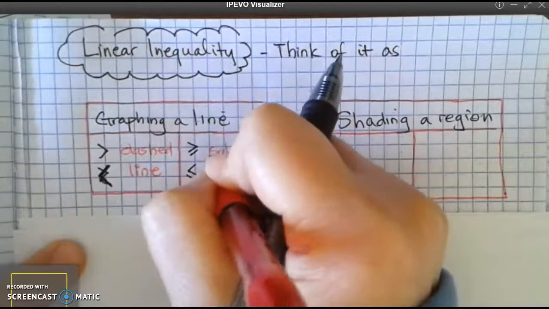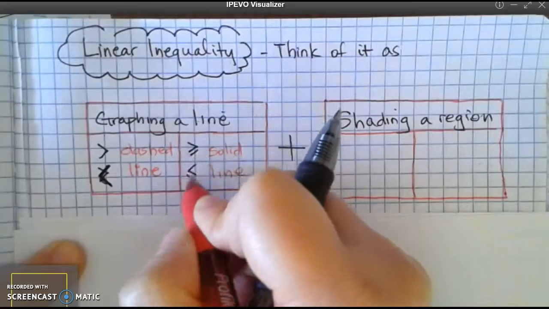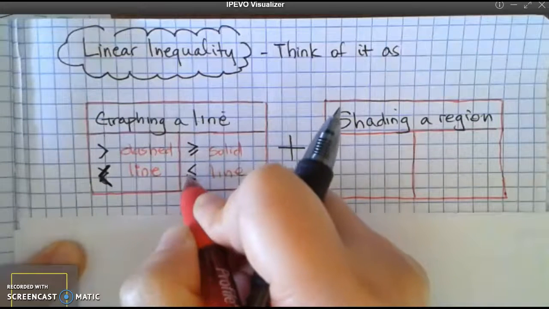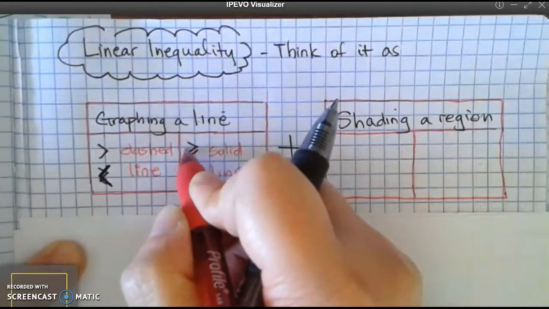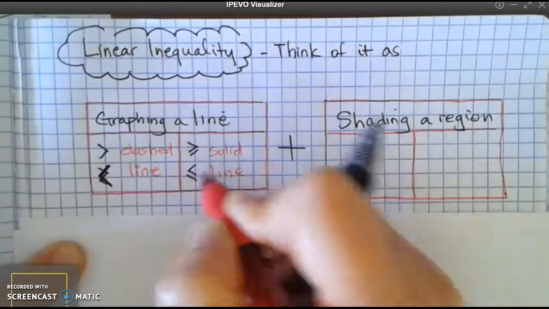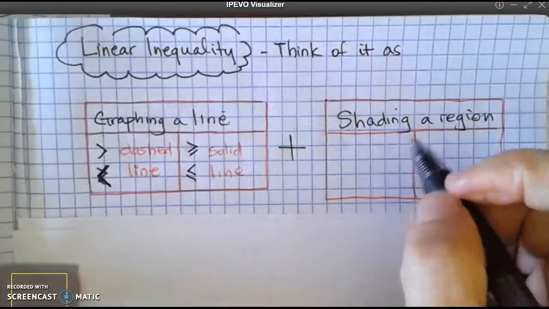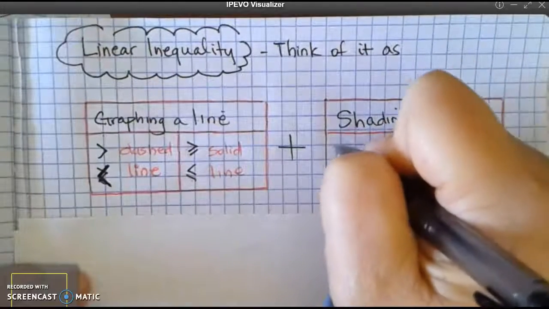And the video explained why that is so. See this little line underneath, that is a shorthand for equals. So you have greater than and equals, or less than and equals. That's what it means.